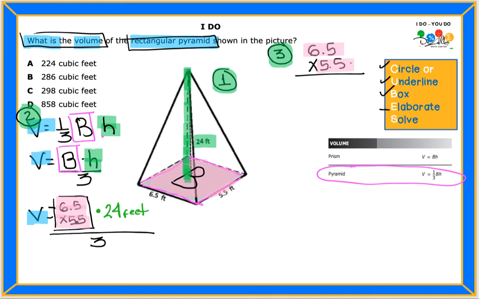5 times 5, 25. 5 and we carry 2. 6 times 5, 30, plus 2, 32. We used one place value already, so we use a placeholder. The next will be times 5. 5 times 5, 25. 5 and I carry 2. 5 times 6, again 30 plus 2, 32.